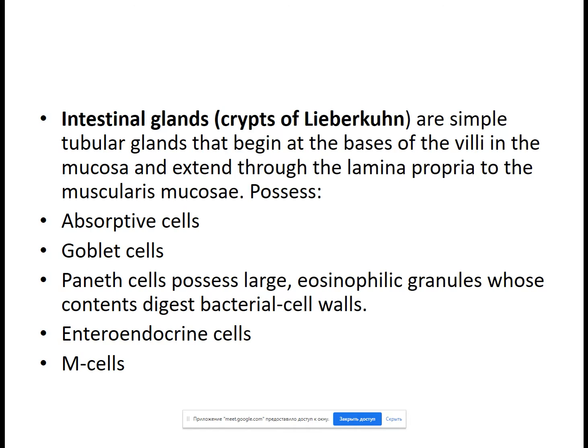Especially this cholecystokinin is produced in response to fat, in response to any food actually, but especially fat and alcohol. So they respond to the presence of something in the small intestine.